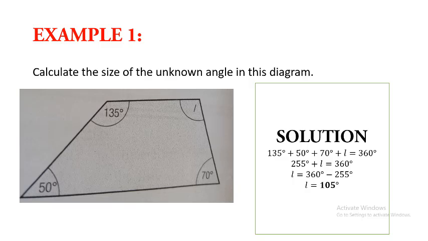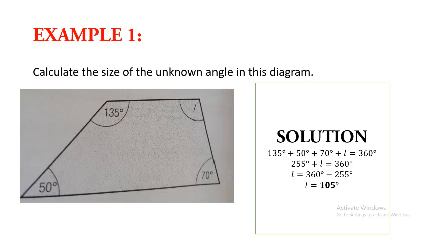It means that to find the value of this unknown angle, which is angle L, we are going to add 135 degrees, 50 degrees and 70 degrees. The answer that we get, we are going to subtract from 360 degrees to find the size of angle marked L.